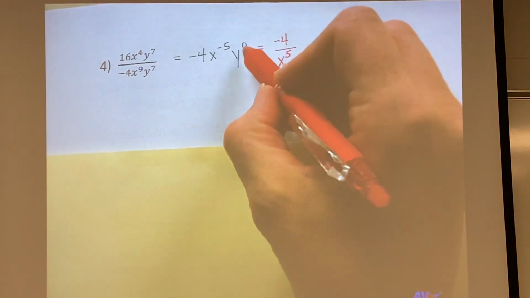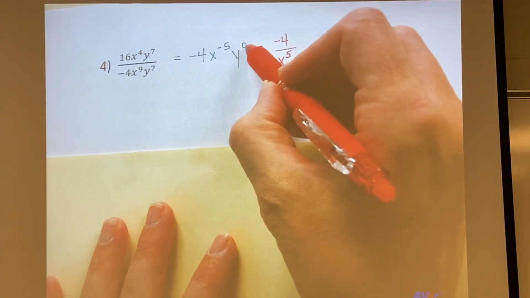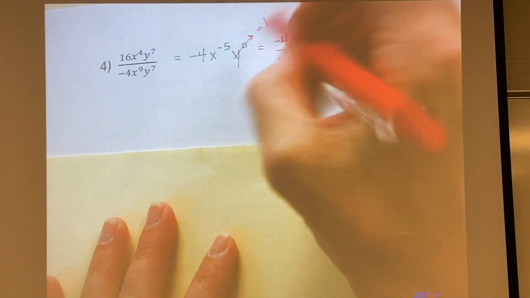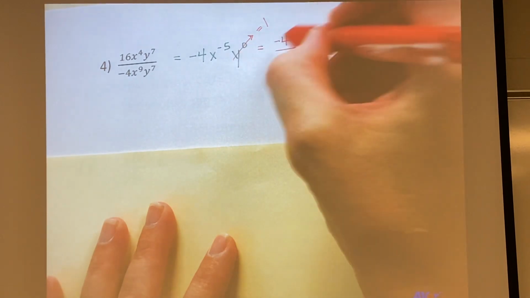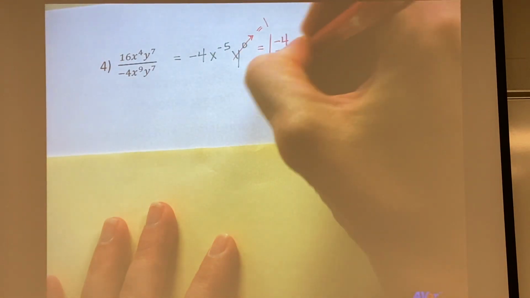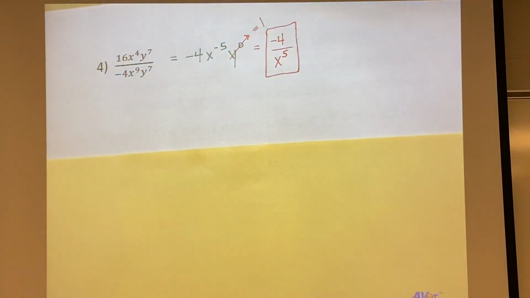Then we look at y to the 0. Y to the 0 would still be on top, but anything to the 0 power equals 1. So this actually just equals 1, so negative 4 times 1 is simply negative 4, so we don't have to add anything. So our final answer is negative 4 over x to the 5th.